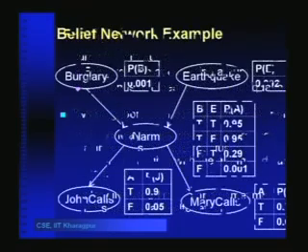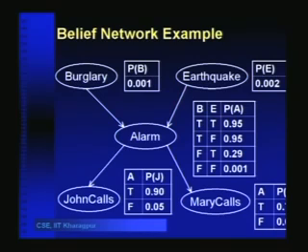Now, this was the belief network example that we were looking at. In this case the ordering of the variables is John calls, Mary calls, alarm, burglary, earthquake, or Mary calls, John calls, alarm, burglary, earthquake. This is the ordering in which we are considering the joint probability distribution.